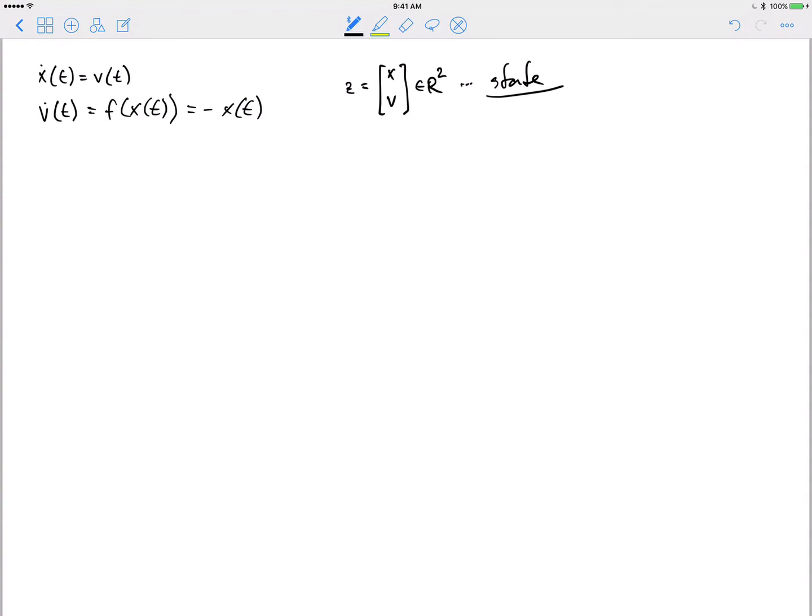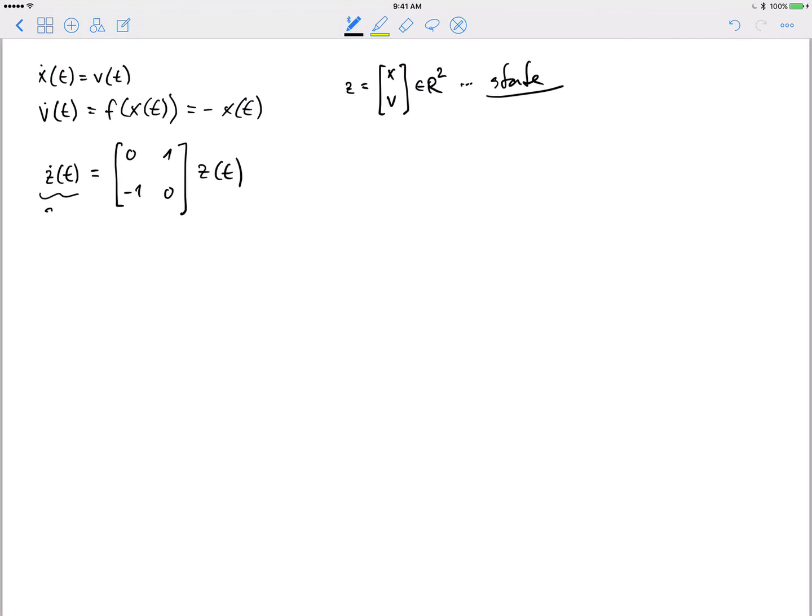All right, so let me rewrite this in terms of the state variable. The derivative of the state can now be written like this: 0, 1, minus 1, 0, okay, times z of t. The formatting is ugly, so let me improve that. Where did this come from?